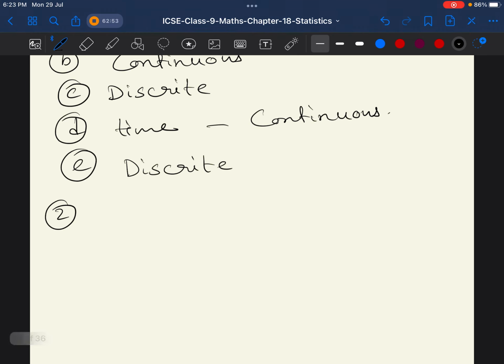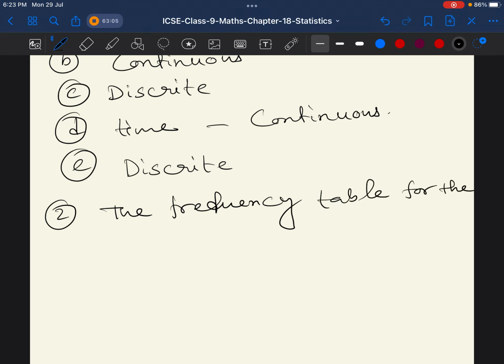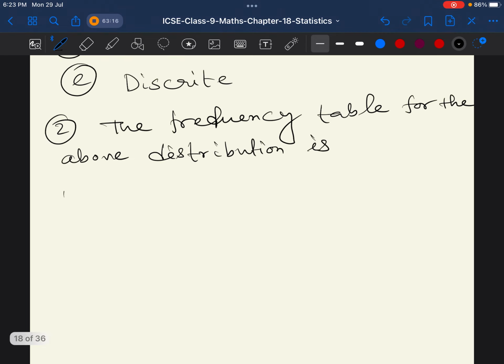First, the marks: 1 to 10, 11 to 20, this is an inclusive distribution. So we have to convert this table into an exclusive distribution.